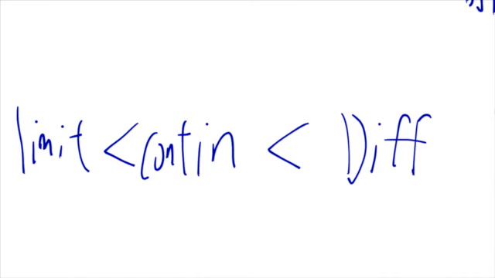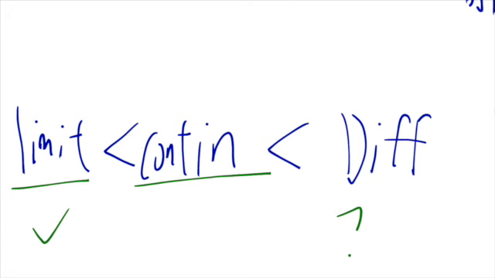Okay, so let's go back to the big picture. If a function is differentiable, it's got to be continuous and it has to have a limit. However, if a function is continuous, it might not be differentiable, but it's got to have a limit.